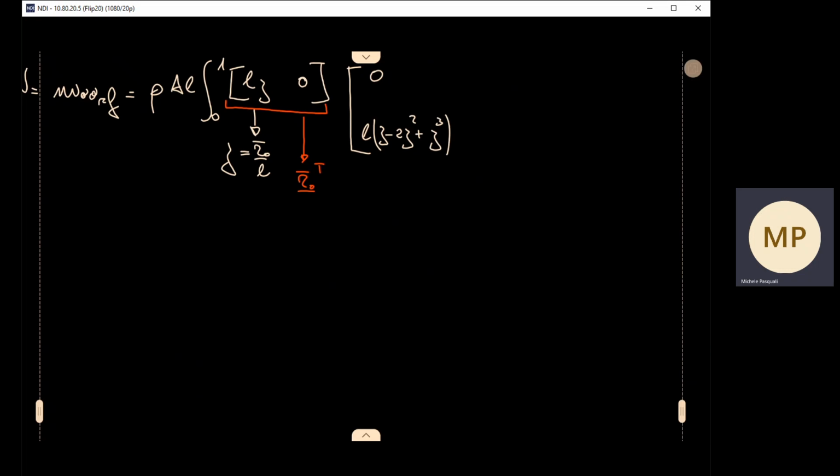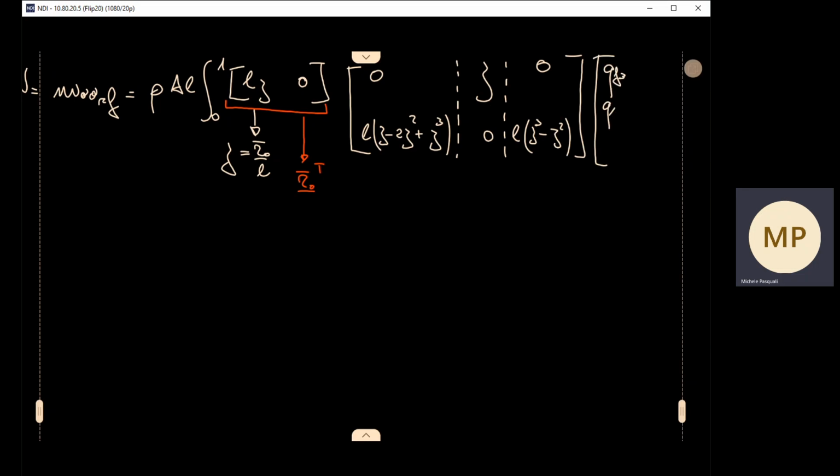Zeta to the third, zeta, 0. And then we have 0, L times zeta to the third minus zeta to the second. And this is basically QF3, QF4, and QF6, in the zeta.